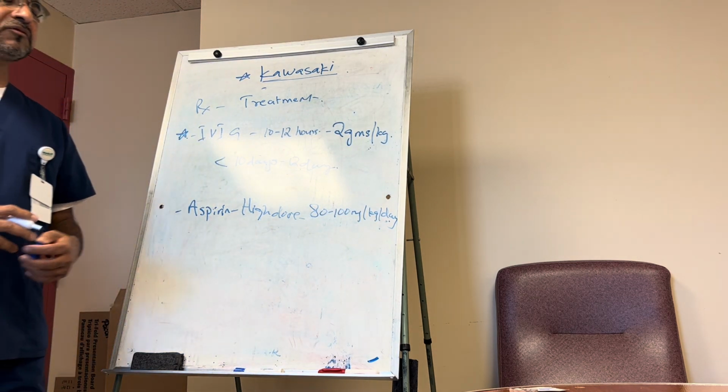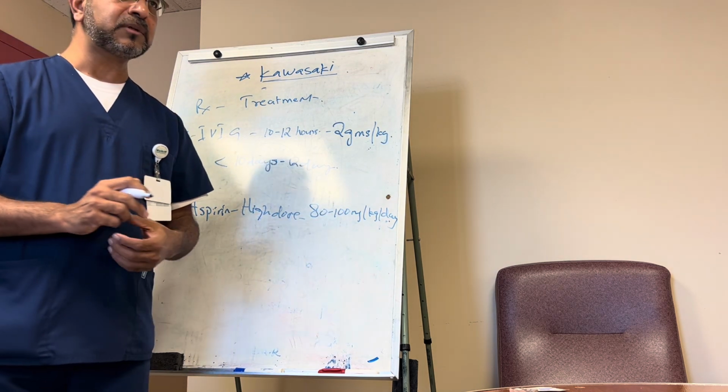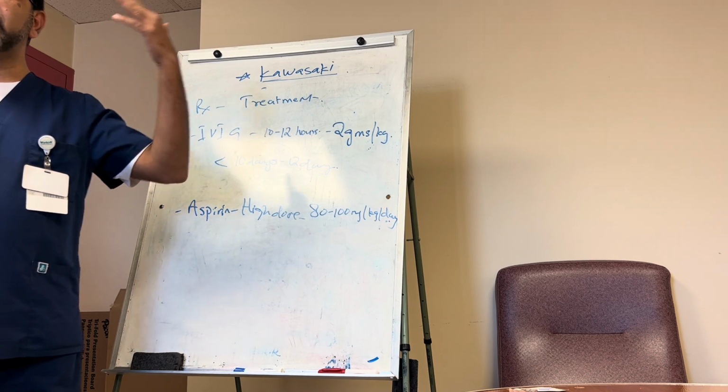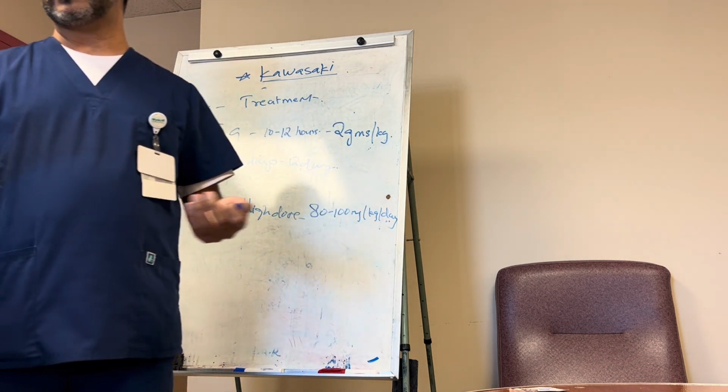So say the kid is 10 kilos and you want to use 100 milligrams per kilo, it's 1,000, and you divide that, say every 6 hours, so 4 times a day.